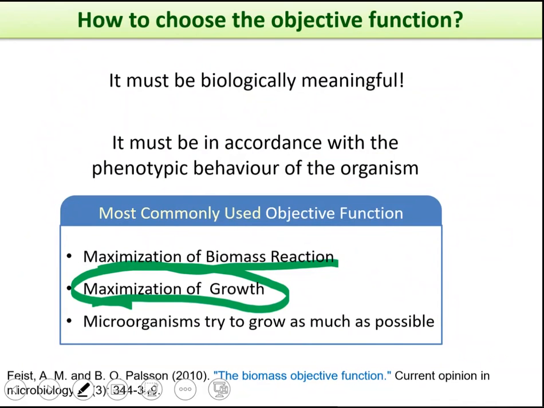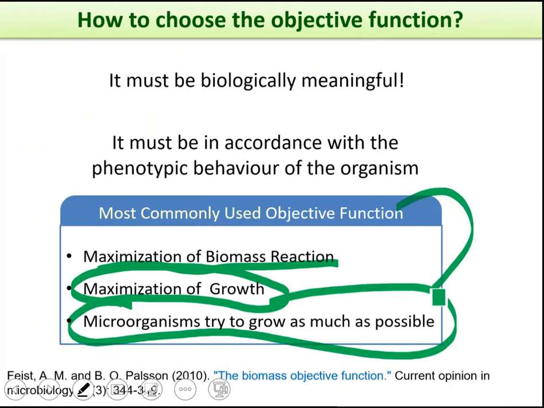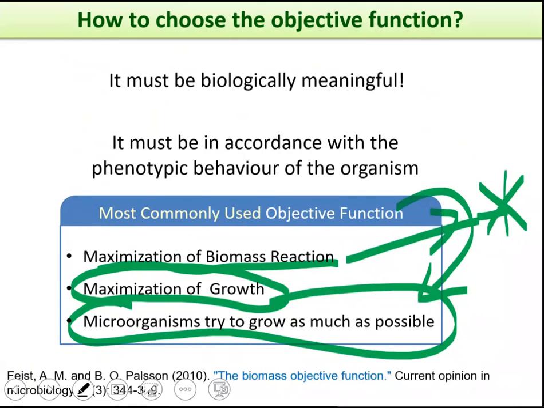So this means more and more production of those macromolecules. So microorganisms try to grow as much as possible. That's the assumption made when you choose maximization of biomass as the objective function. You assume that microorganisms try to grow as much as possible.